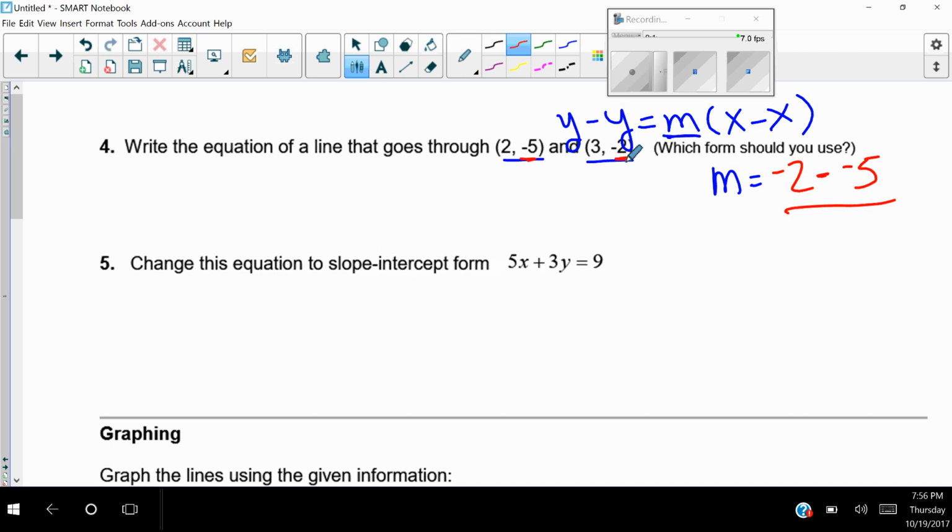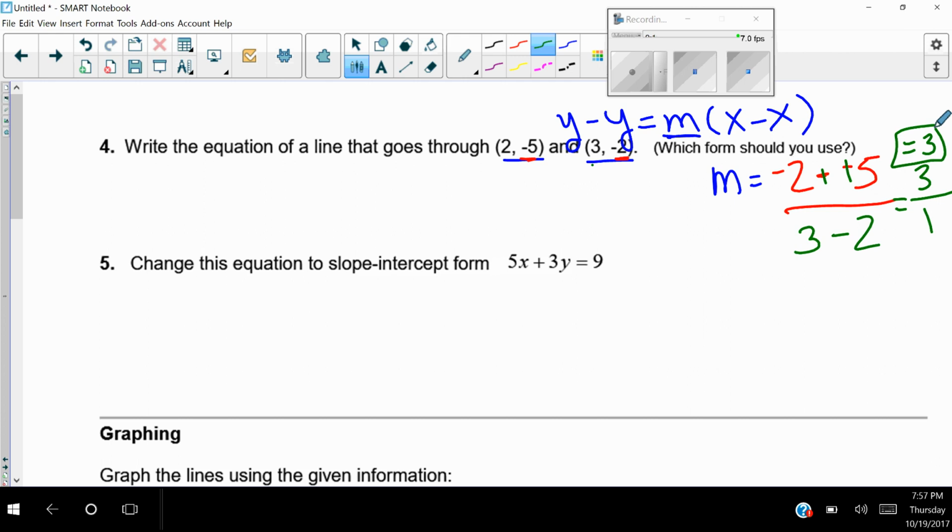If I start with -2, when I start with my x's, I have to start with 3. So I'm going to start with 3 minus 2, because that's the formula. And that gives us -2 plus 5 is 3, divided by 3 minus 2 is 1. So the slope, 3 over 1, is just 3. My slope is 3.